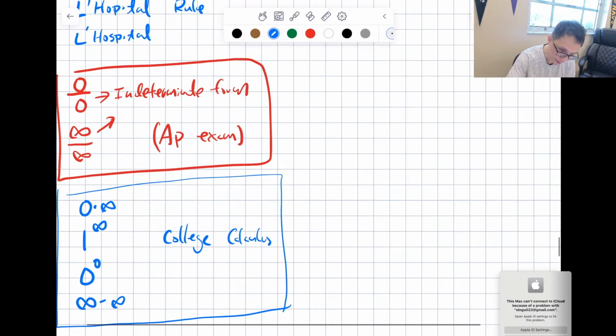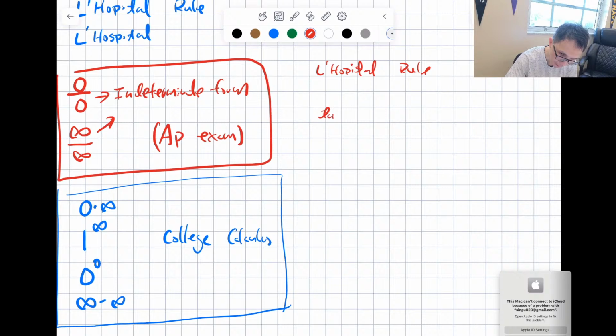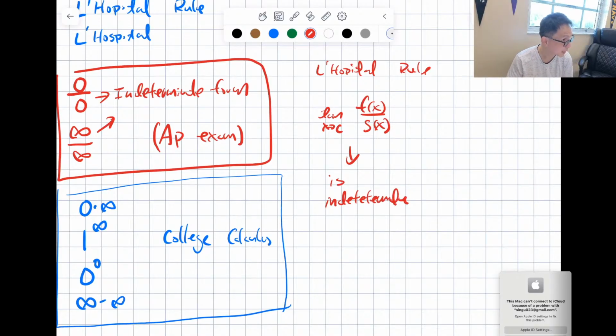So what L'Hopital's rule says is this. If you have the limit as x approaches a number c, it could be infinity, of f of x over g of x, and it is indeterminate, then L'Hopital's rule says, hey, instead of looking at the numerator and denominator, you can look at the rate of the numerator and denominator.